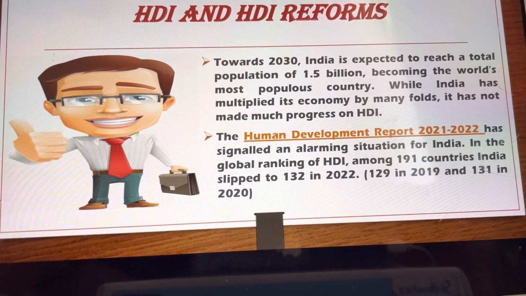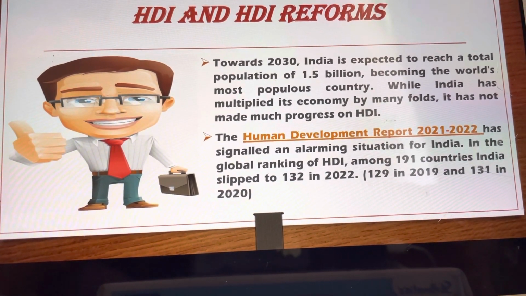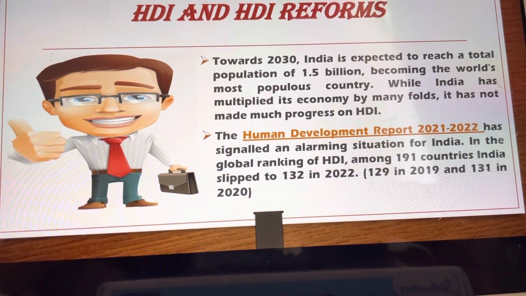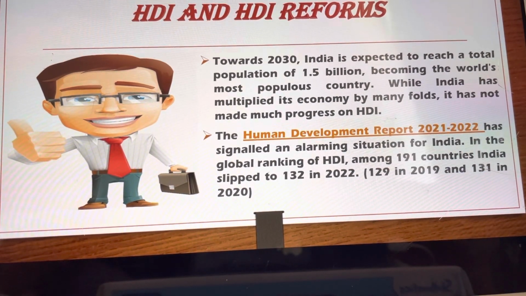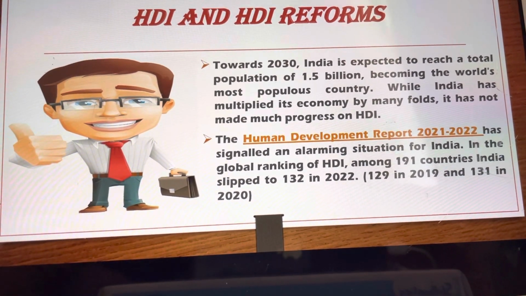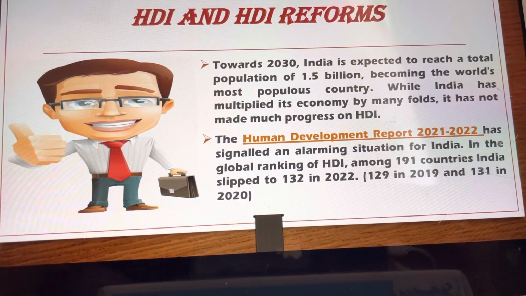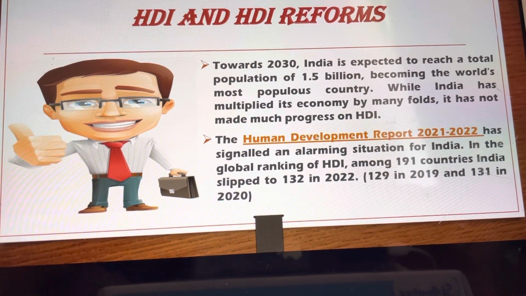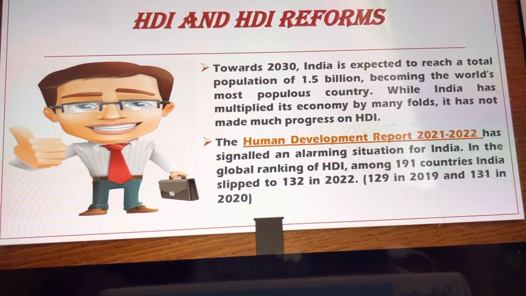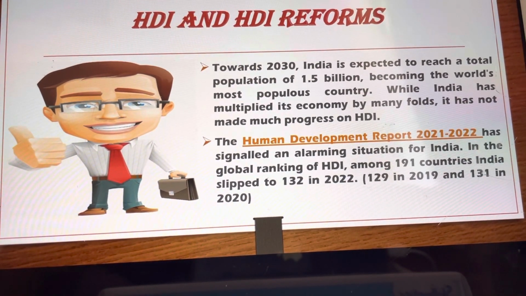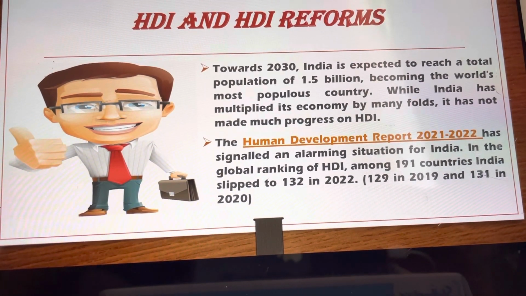HDI and HDI reforms. How many reforms have taken place in HDI? Towards 2030, India is expected to reach a total population of 1.5 billion, becoming the world's most populous country.